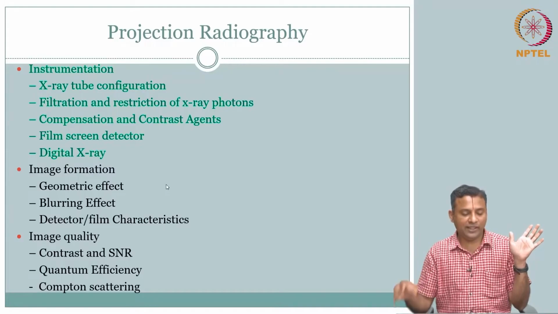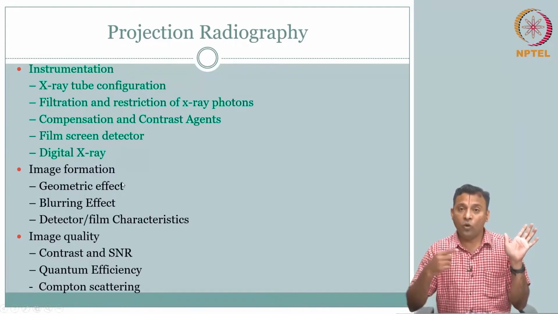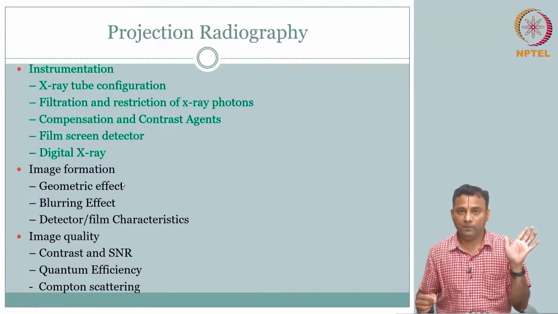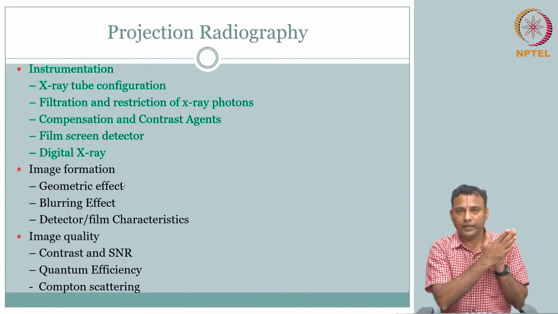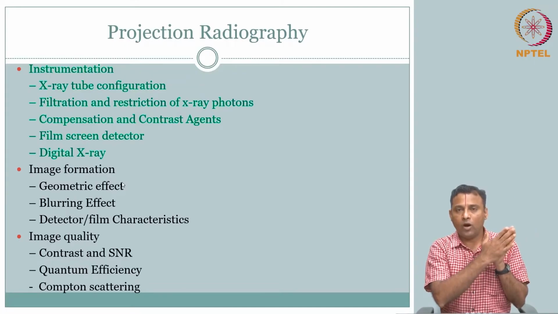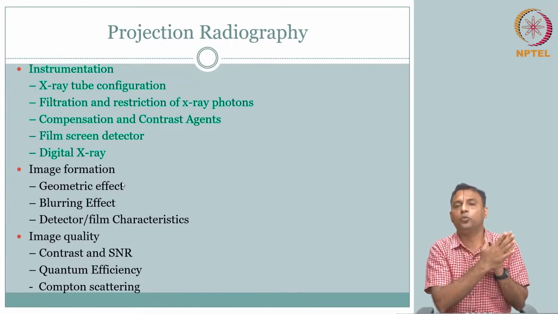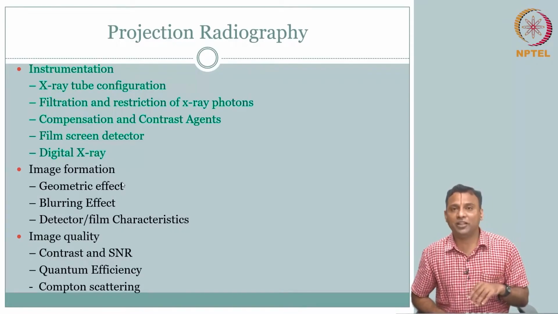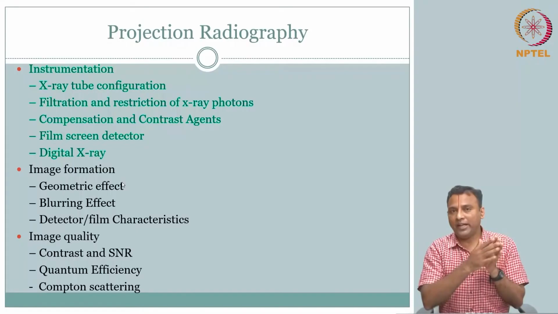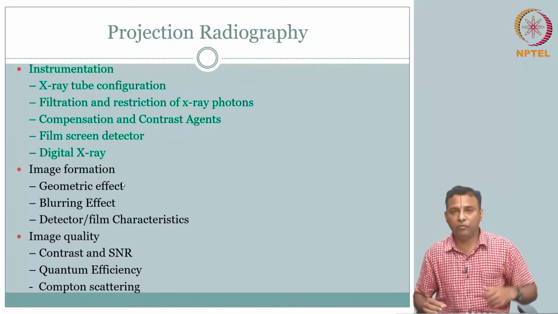Now the question is, when I talk about image formation, how can we manipulate the instrumentation so that whatever we get on the image as the output, how does this influence what we see? That is what matters in projection radiography, because the film is formed, and you just have to develop that and view it.